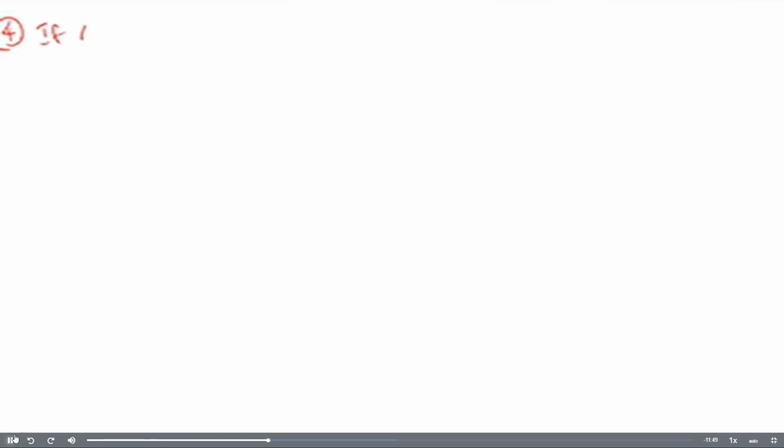If 4 to the power x is equal to 5 to the power y is equal to 20 to the power z, then what is z? Now, 4 to the power x is equal to 5 to the power y is equal to 20 to the power z.